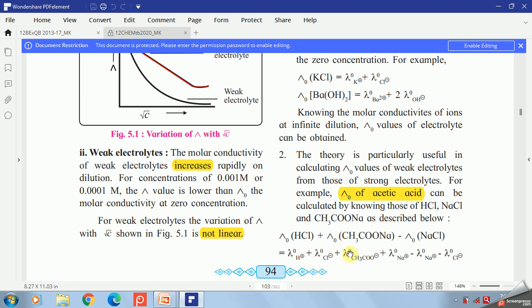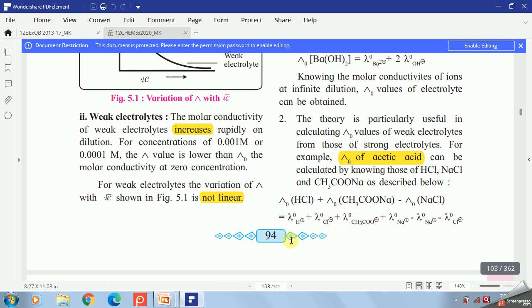CH3COONa gives lambda 0 of CH3COO minus and lambda 0 of Na plus. NaCl gives lambda 0 Na plus and lambda 0 of Cl minus. So this is subtracted, so the corresponding co-ion is also subtracted, and they get cancelled from these two electrolytes.